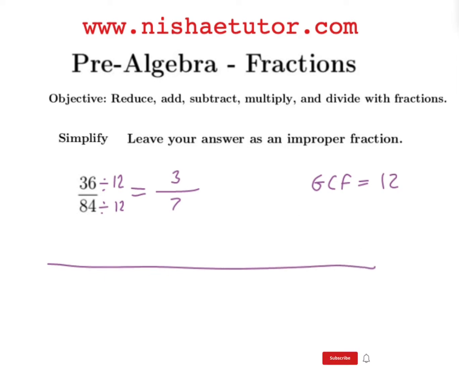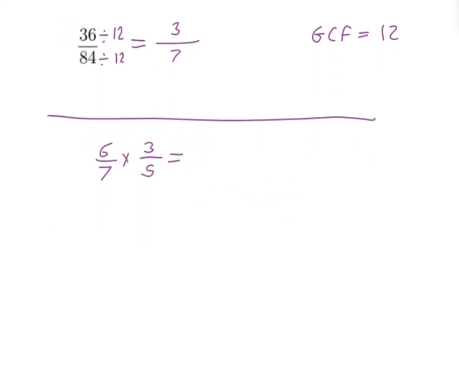Okay, another question. How to multiply? The easiest operation with fractions is multiplication, and we can multiply fractions by multiplying straight across, multiplying numerators together and denominators together. So if the question is 6 upon 7 multiplied by 3 upon 5, first check their common factor.